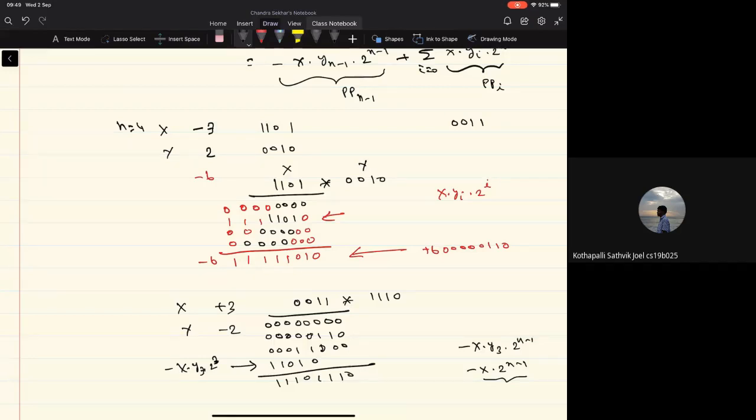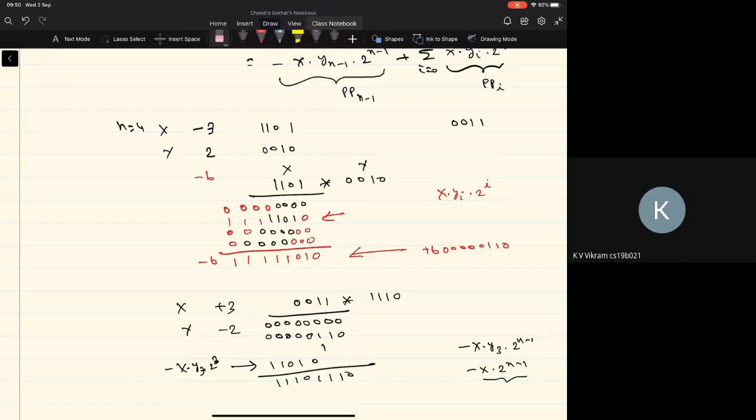Let me just check. We should get -6 only. So the third partial product, you can check. Oh, third product, there's some mistake. The third one. I have shifted it by 3 zeros, like you have multiplied it by 2 power 3. Oh, okay, sorry. So it should be here.